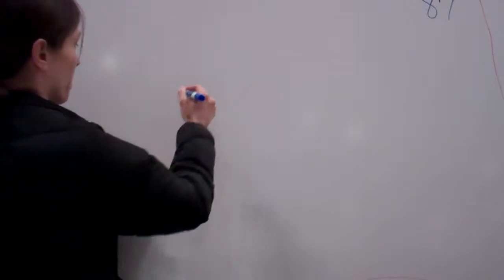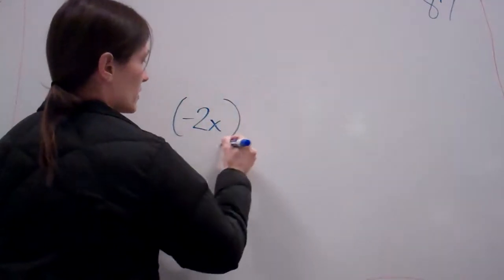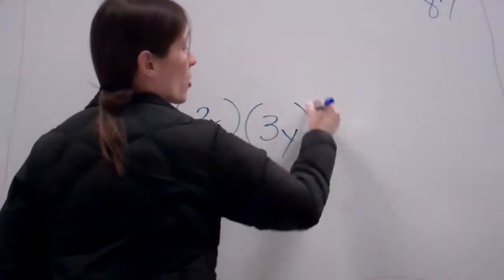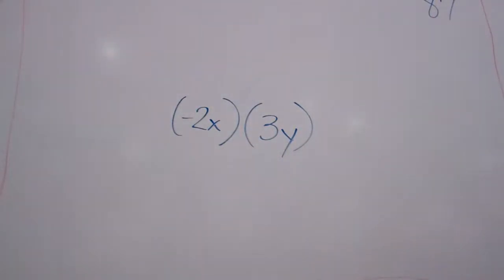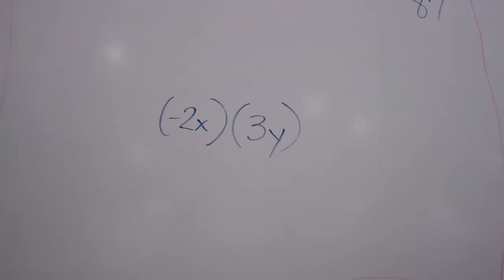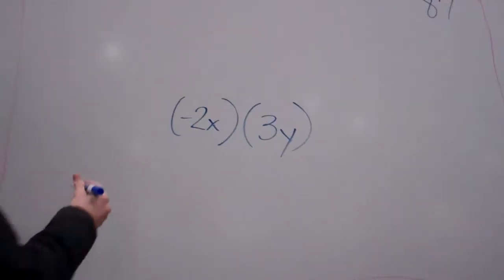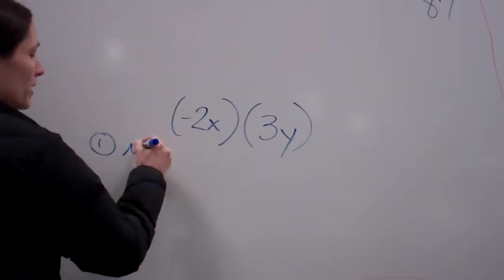All right, here's an example of one. Negative 2x times 3y. Now, problem, because there's not 2 x's and because there's not 2 y's, it's going to be a little bit different. So let's do the very first step. And the very first step is we're going to multiply the numbers.